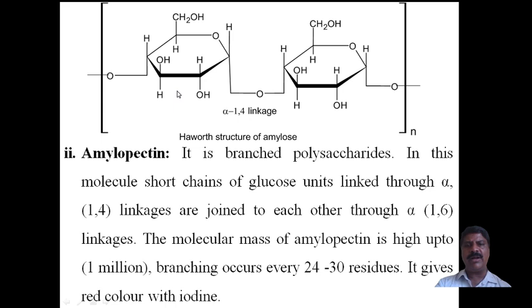Here the H and OH are there, and this is the D-glucose. When they are joined together, the numbering takes place from here: 1, 2, 3, 4, 5 and 6. The linkage takes place to give a linear structure. Linear means a straight line structure. There is no branched structure. The units join one over the other, end to end, to get a straight line structure, which is called a linear structure.